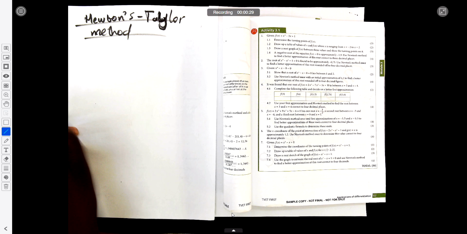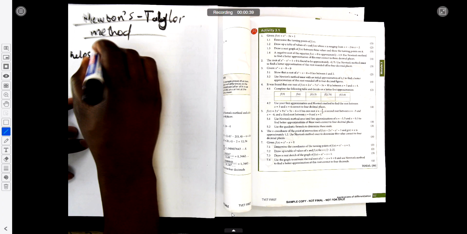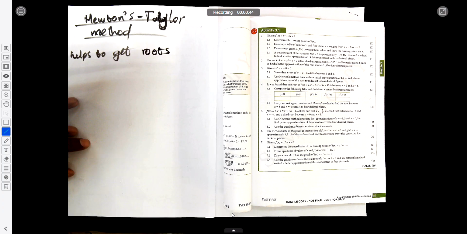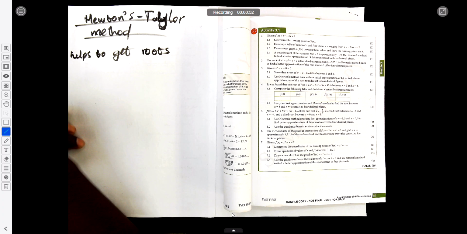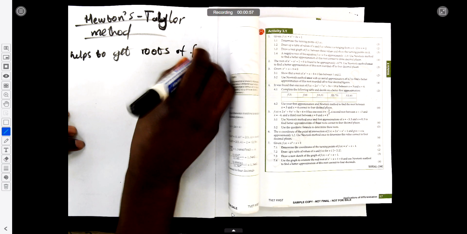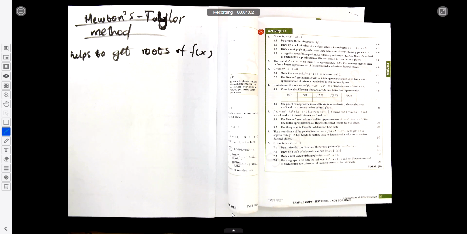In functions, for an example, if we want to determine roots, it helps us to get the roots. Where maybe with factorization, or maybe if you're trying to utilize the quadratic formula to get the roots of f of x, you can't even use the general methods that you're used to.